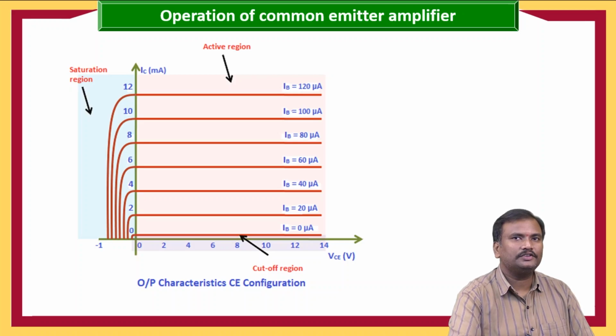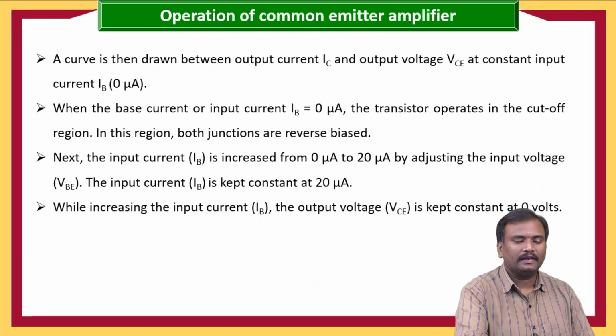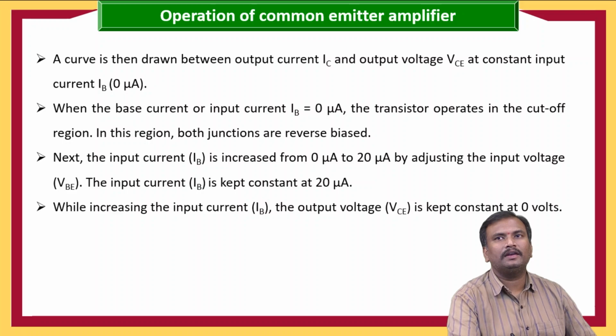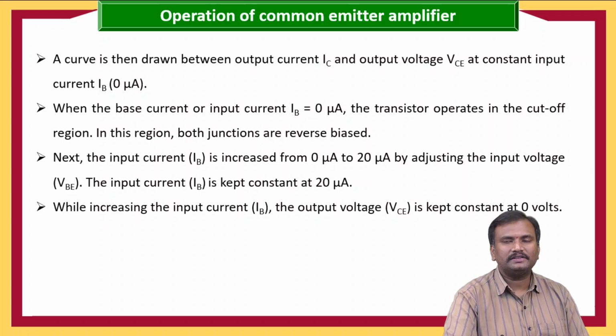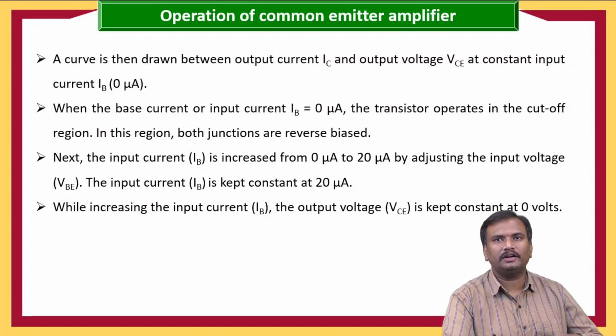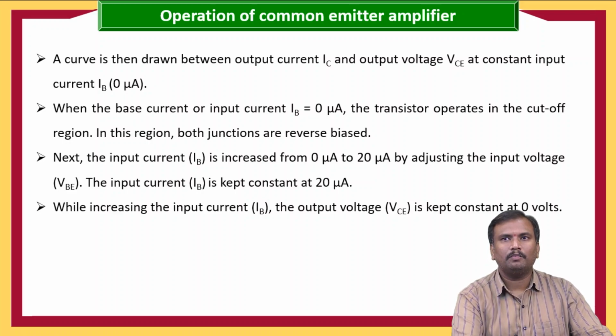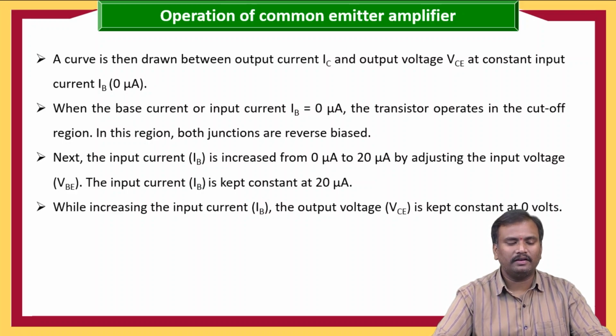Before switching on, the region until it takes the actual value of collector current is called the saturation region. Here a curve is drawn between the output current and output voltage at constant input current. When the base current is at 0, the transistor operates in the cutoff region, and in this region both junctions are reverse biased.